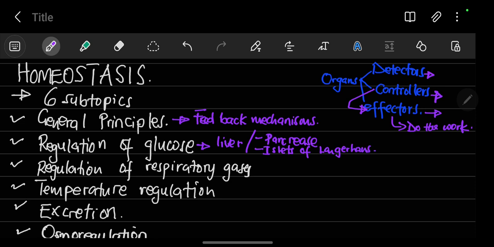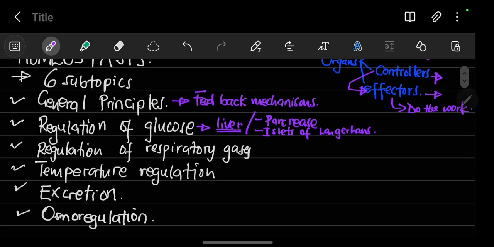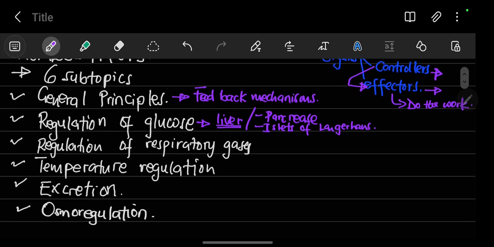That's where the detection is going to be, and our liver will do the work of regulating that glucose.